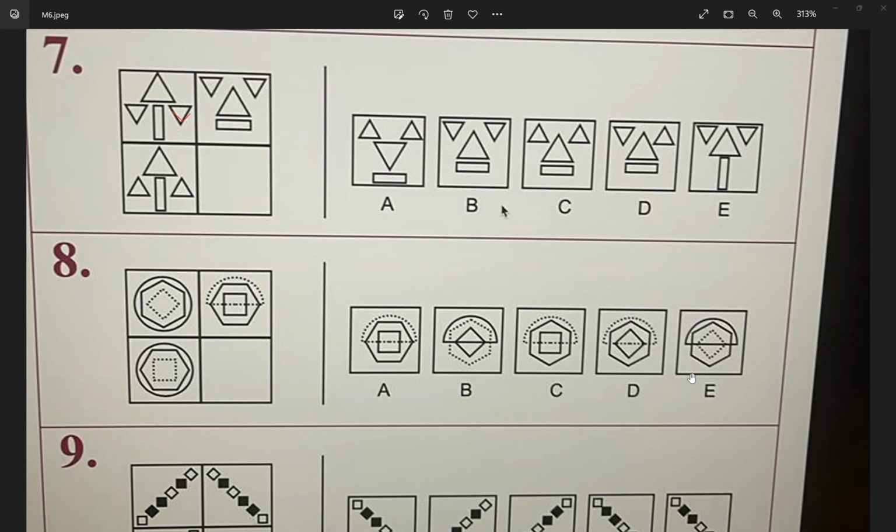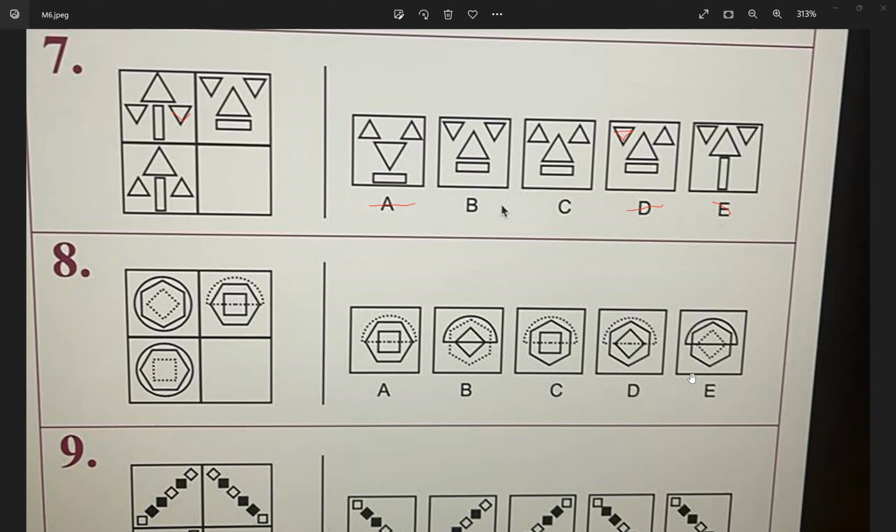So it can't be E because this is almost the exact same thing, but it's not how it's supposed to be. So it's not E, and it's not A because here the largest triangle doesn't change, and here it's flipped. So it's not A. Of course, it's not D actually, because here the triangles are both different, but here they're both the same.